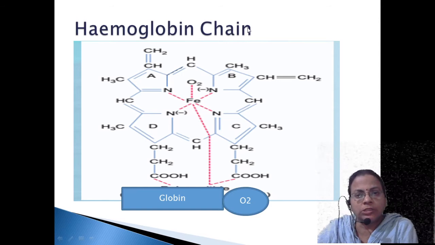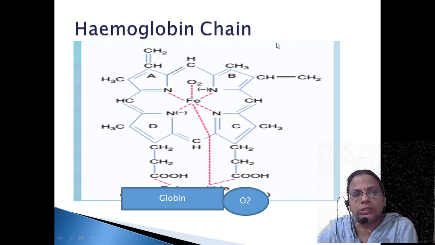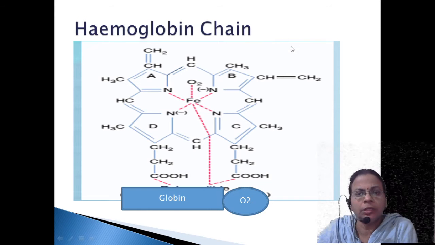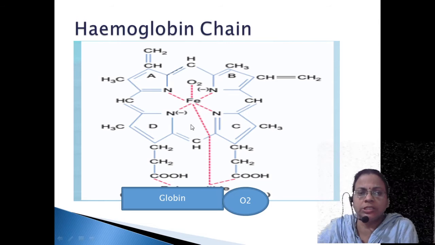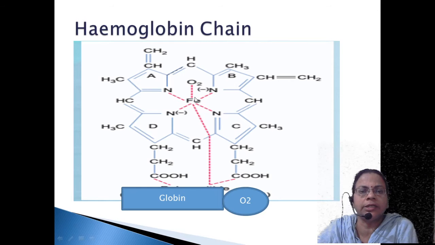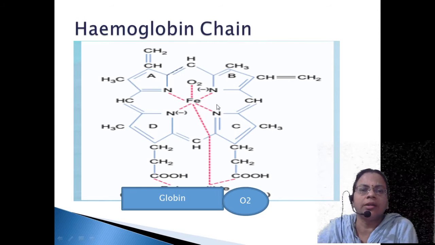Out of those 4 chains, 2 come under one category called alpha chain, and 2 are beta chain. So one hemoglobin molecule consists of 4 polypeptide chains, 2 alpha and 2 beta. We need not go further into that. Each hemoglobin chain will contain a heme part. Heme part means an iron-containing hydrocarbon ring-like structure, the porphyrin ring, we will say.